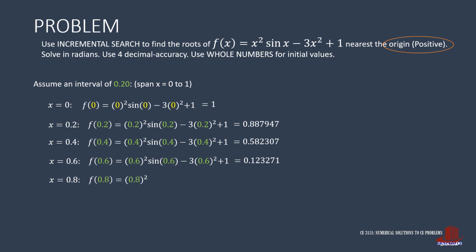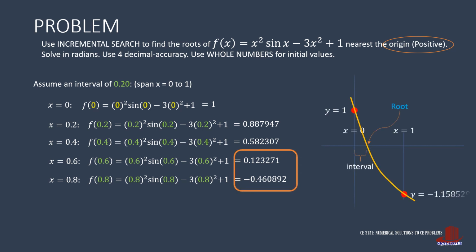The function then becomes 0.8 squared times sine of 0.8 minus 3 of 0.8 squared plus 1. And this finally gives negative 0.460892.